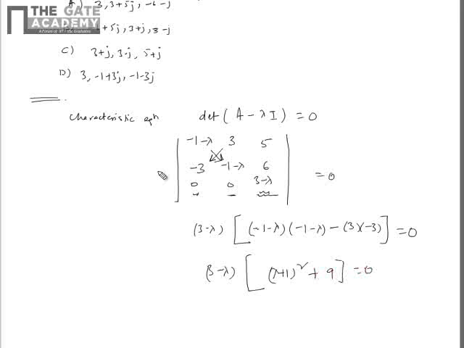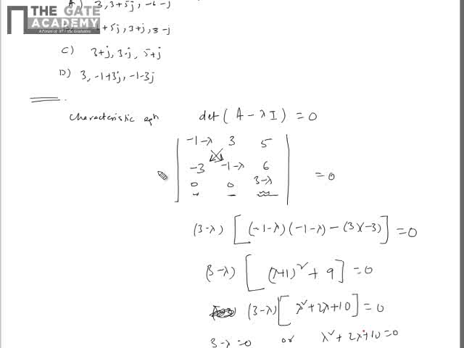Let me just expand this. So 3 minus lambda, and this will be lambda square plus 2 lambda plus 1, that plus 1 combines with 9 and becomes 10, is equal to 0. So this means 3 minus lambda is equal to 0, or lambda square plus 2 lambda plus 10 is equal to 0.